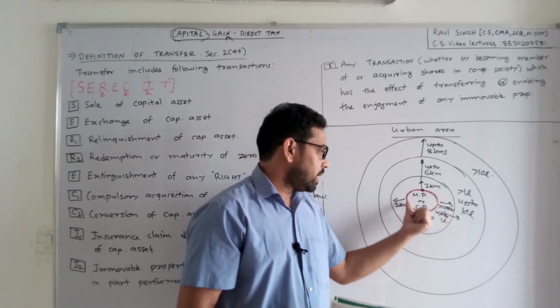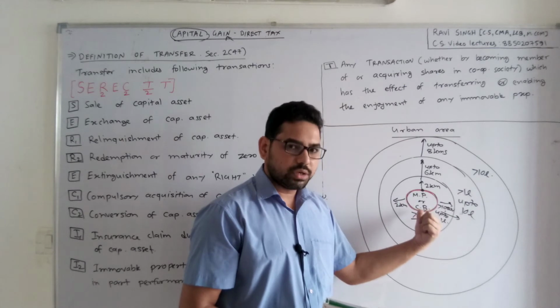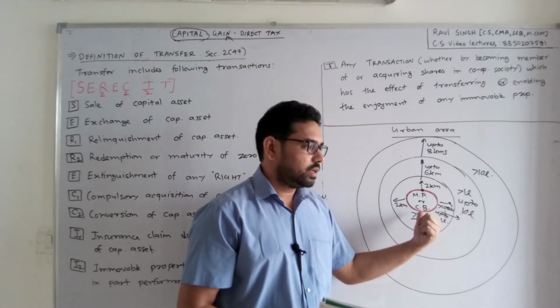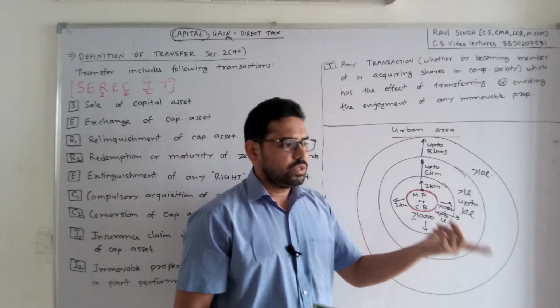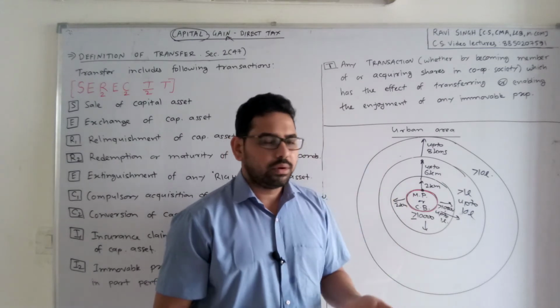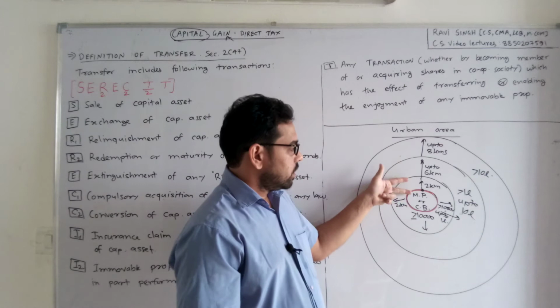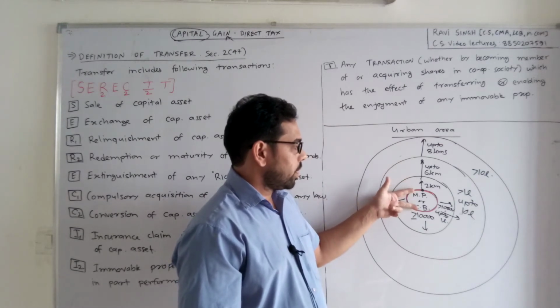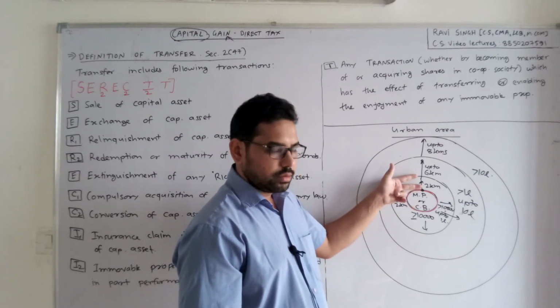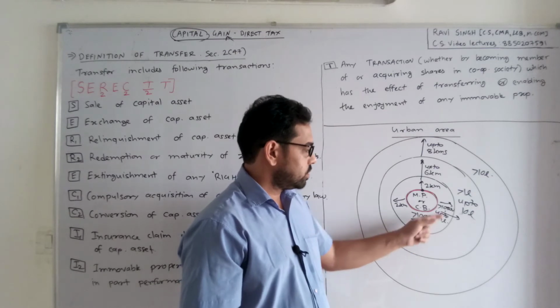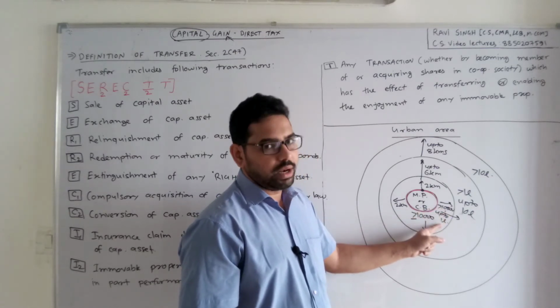See, in the municipality jurisdiction area, population condition is more than 10,000. It can be maximum any number, but minimum should be more than 10,000. Then if it is far from municipality area by 2 kilometers, then what is the population condition? More than 10,000 and up to 1 lakh.